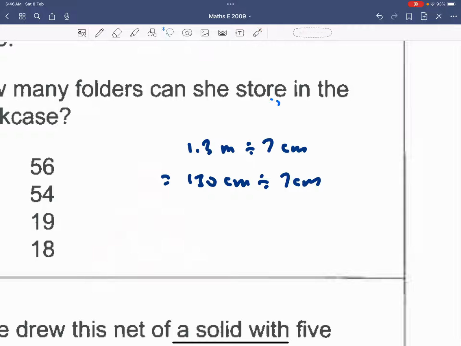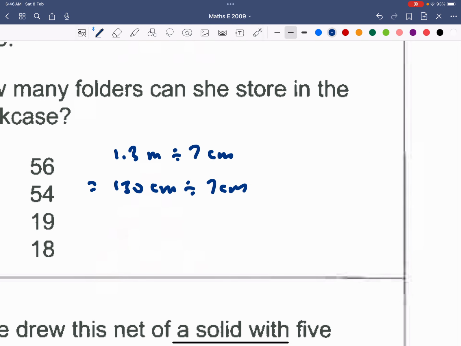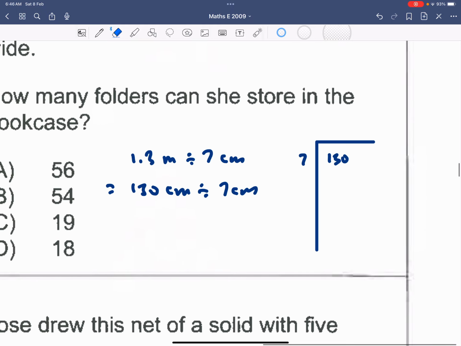130 divided by 7. Alrighty, how many times does 7 go into 13? 1 times 7 is 7. We minus it away. 13 take away 7 is 6, 6, 0.